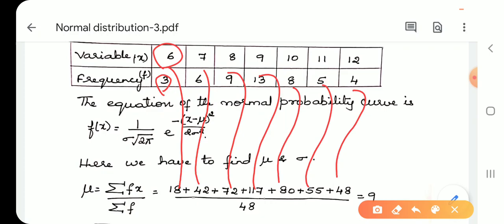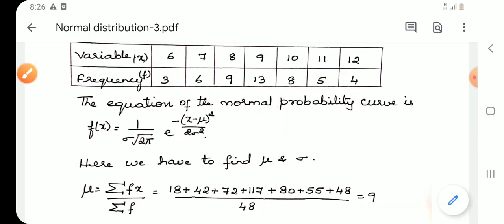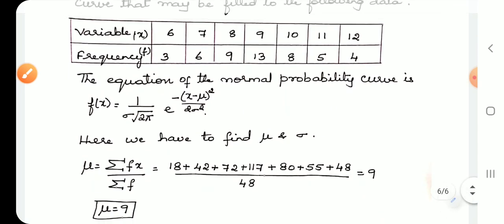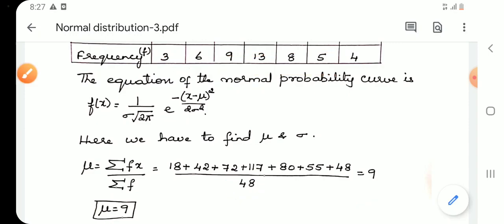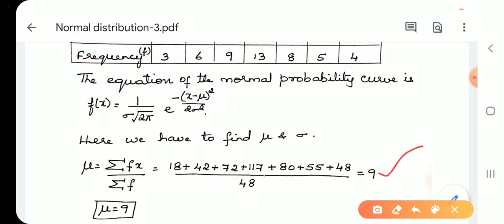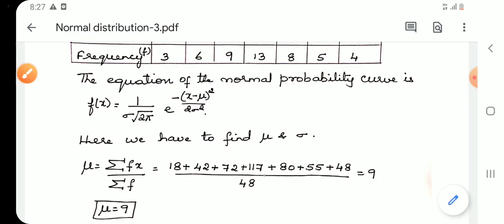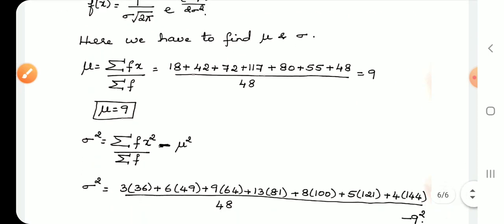Sigma f is nothing but the sum of all the values of f. If I add all the values of f, I get the value to be 45. So if I calculate mu, I get the value to be 9. So mu we have obtained as 9.